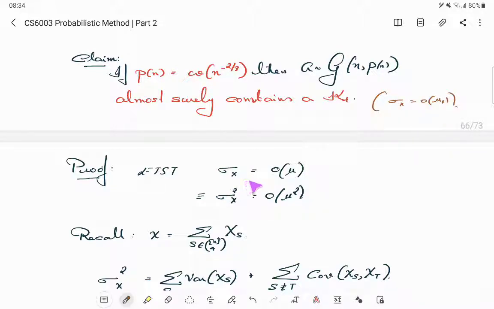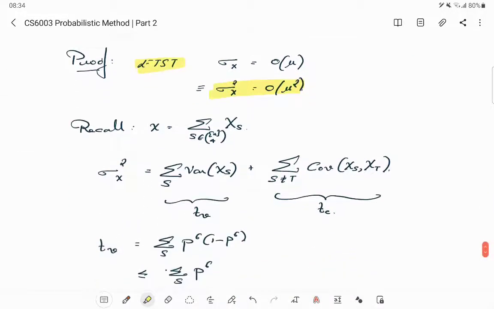I have written here that it is enough to show this for sigma squared, because variance is easier to analyze. So maybe we'll directly analyze the variance rather than sigma x.